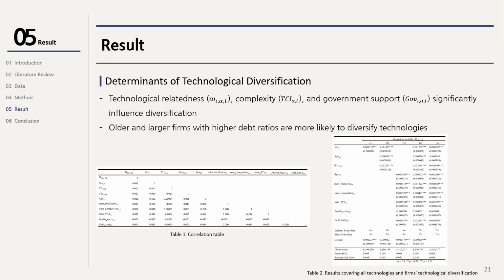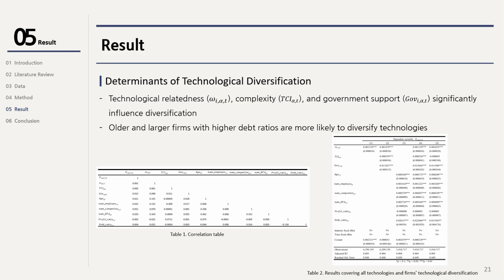Let's first look at Table 1, which shows the correlation between variables. Technological relatedness is positively correlated with the dependent variable, indicating its strong role in enabling diversification. Technology complexity shows a weaker correlation with diversification, suggesting that firms face challenges adopting highly complex technologies.